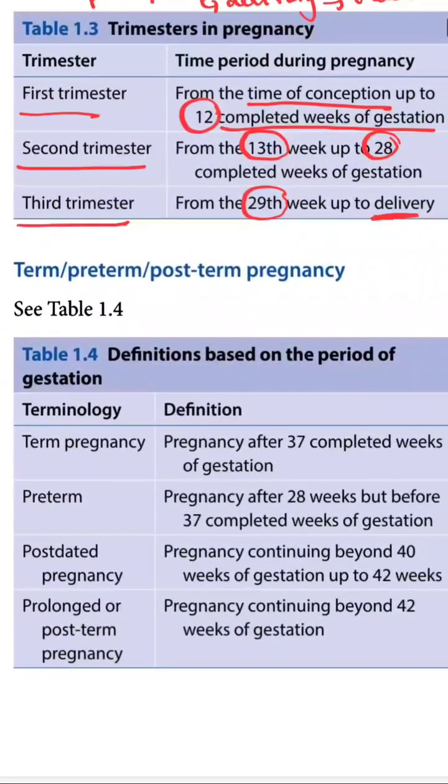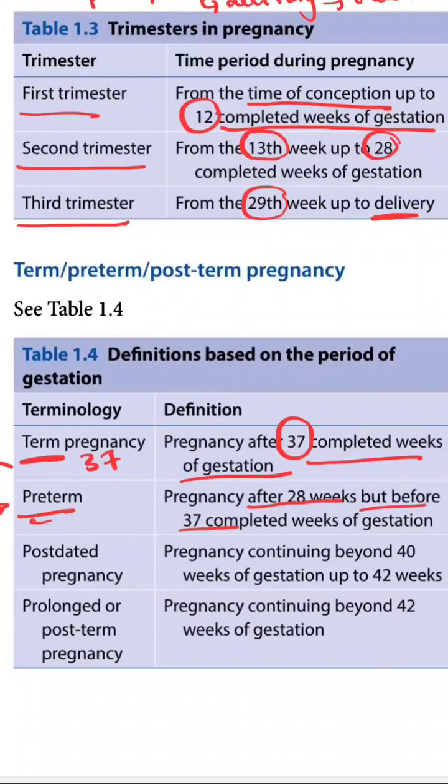Now what is term, preterm or postterm pregnancy? Term pregnancy means pregnancy after 37 completed weeks of gestation. Remember 37. Whereas preterm means pregnancy after 28 weeks but before 37 weeks.